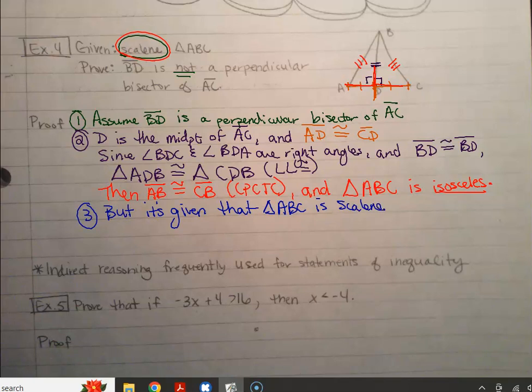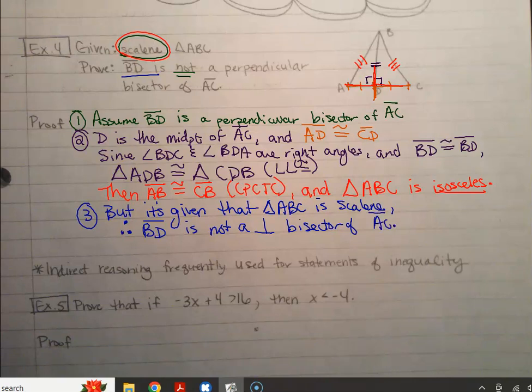Woohoo! Therefore, segment BD is not, that's what we're going for, a perpendicular bisector of segment AC.